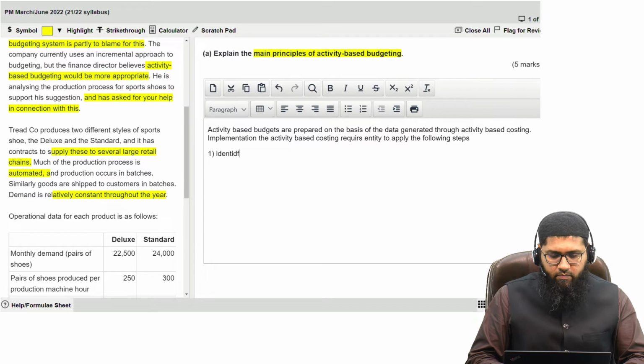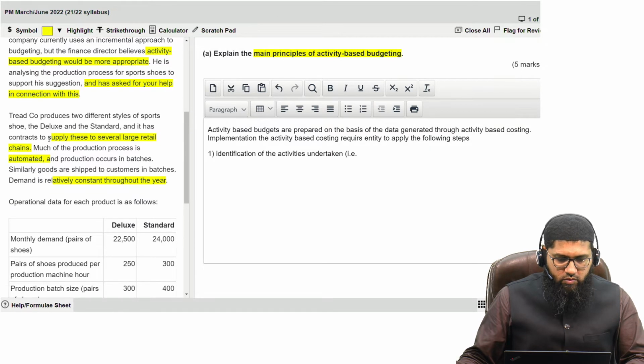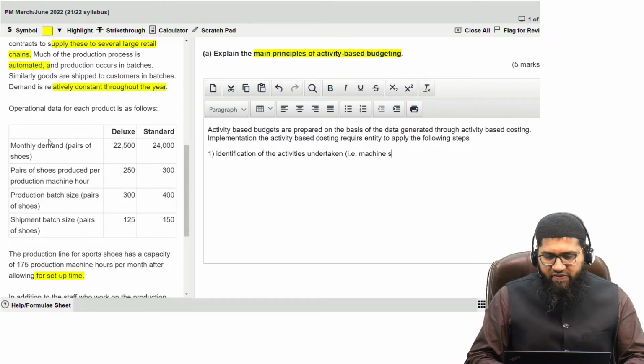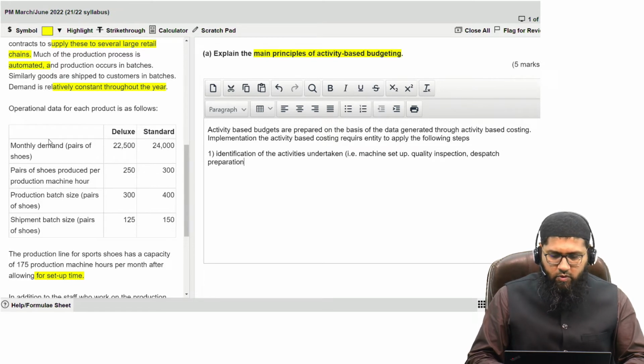First, identification of the activities undertaken, that is, machine setup, quality inspection, dispatch preparations in the case of Trade company.